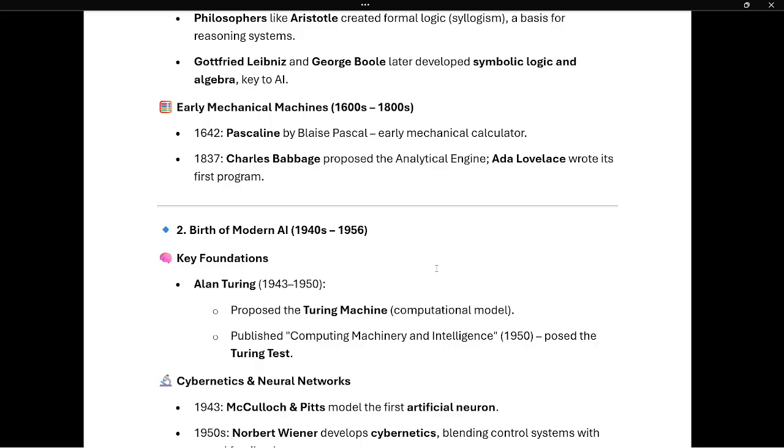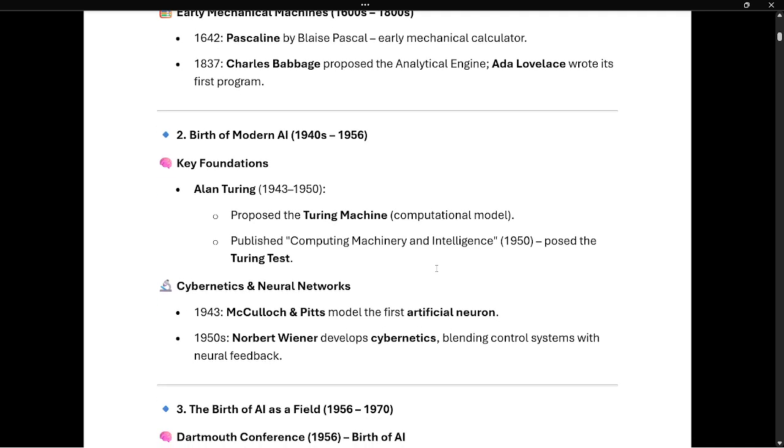He published Computing Machinery and Intelligence in 1950 and posed the Turing test also.